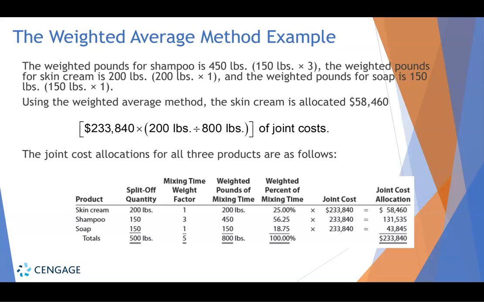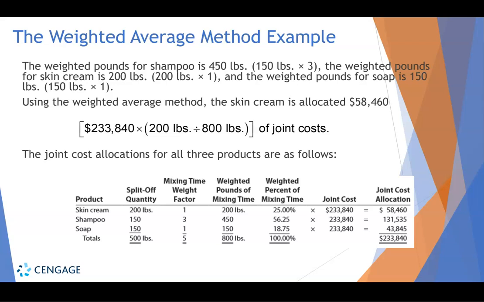In this case, we then have a mixing weight factor along with the quantity. And so you see here, the weighted pounds are now 800 pounds. So if the skin cream has 200 pounds of the 800 pounds, that's 25% of the mixing time.